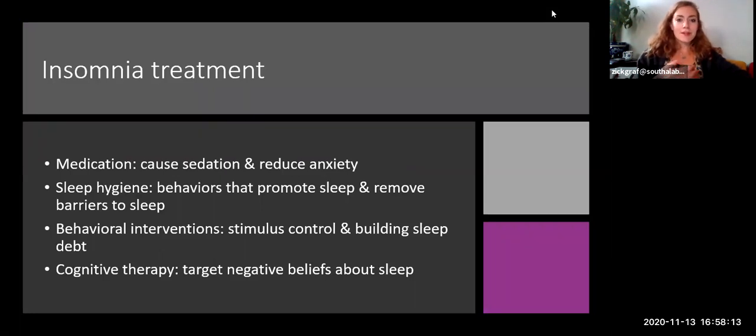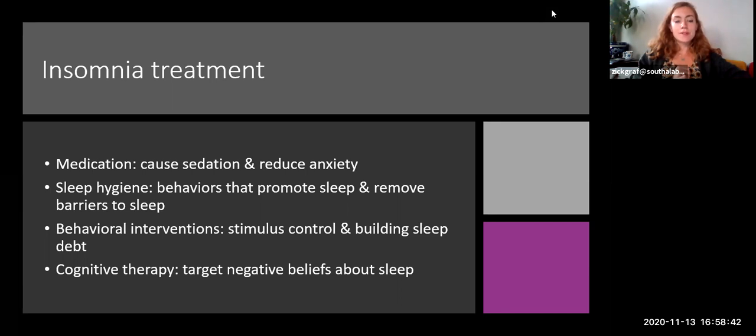So treatment for insomnia, and actually of all the disorders except for nightmare disorder that I'm going to talk about, insomnia is really the one that has a known cognitive and behavioral cause. Some of these sleep disorders have a 100% biological cause and biological treatment, but insomnia truly is a form of psychopathology. It is sometimes treated with medication, so drugs that sedate you, that just make you go to sleep, or drugs that relieve anxiety around bedtime.